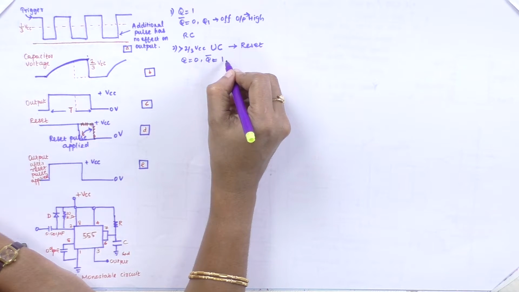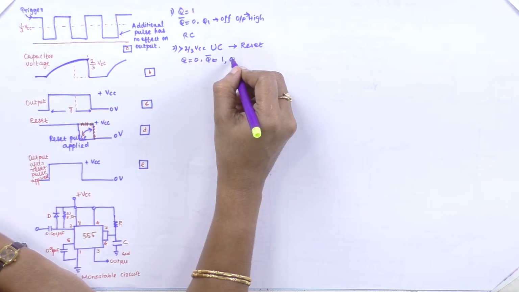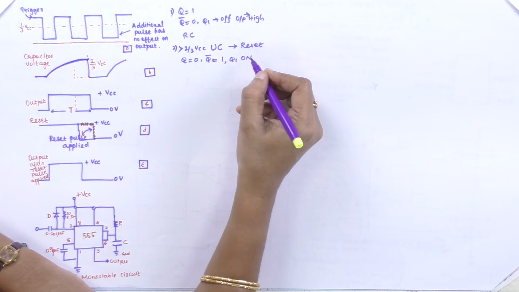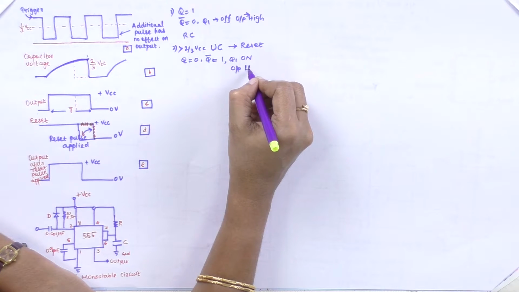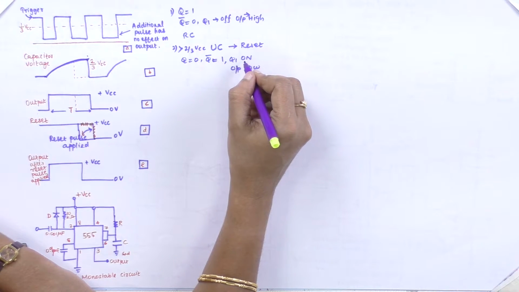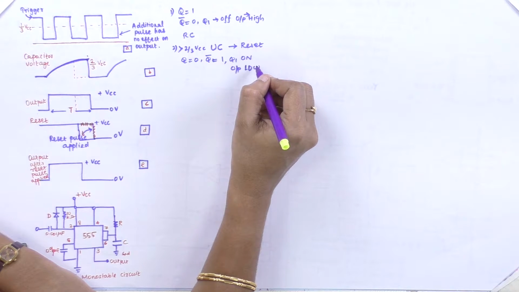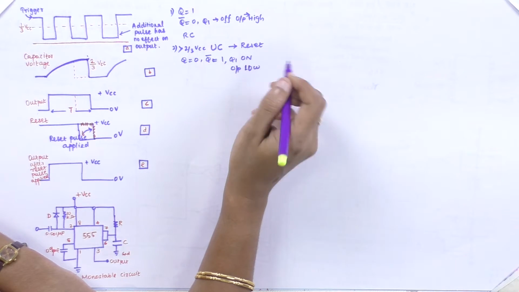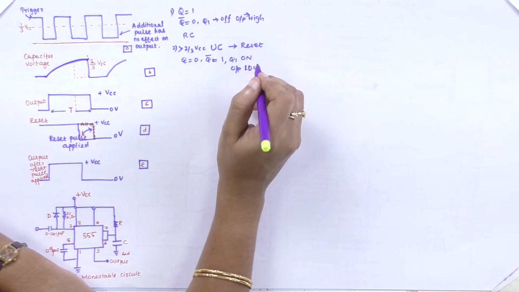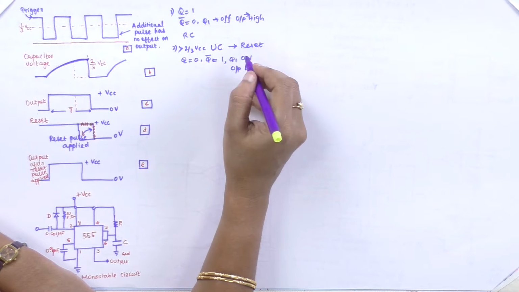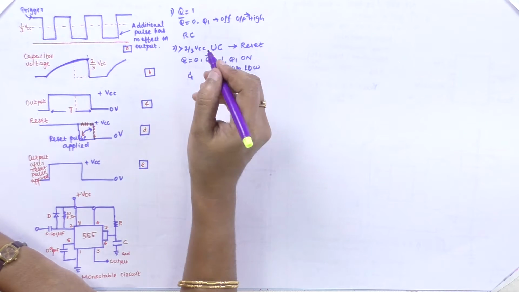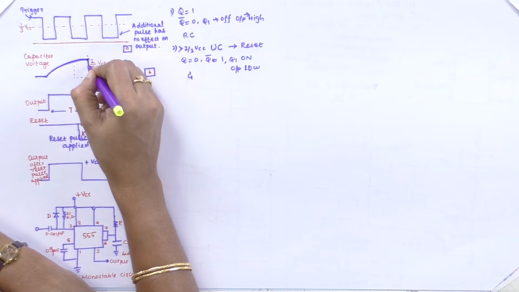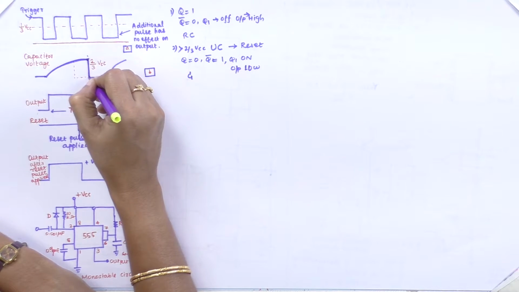So you are making your Q bar 1, it makes your Q1 transistor on and the output low. It's an inverse operation: once you pass through that inverter power amplifier, you will get your output as low. In that condition, the capacitor discharges suddenly to the ground potential.